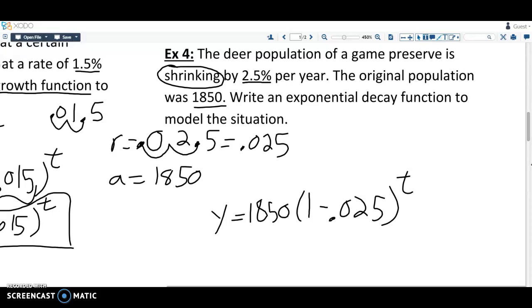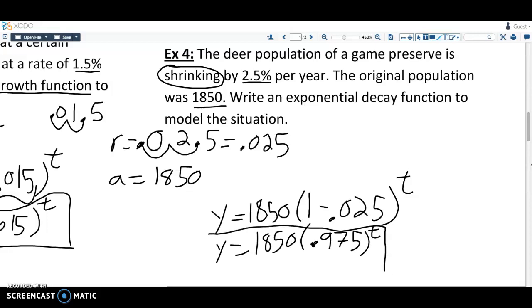Y equals 1,850 times, and you might use a calculator for this, but 1 minus 0.025 is 0.975 to the power of t. And so, again, we're done.